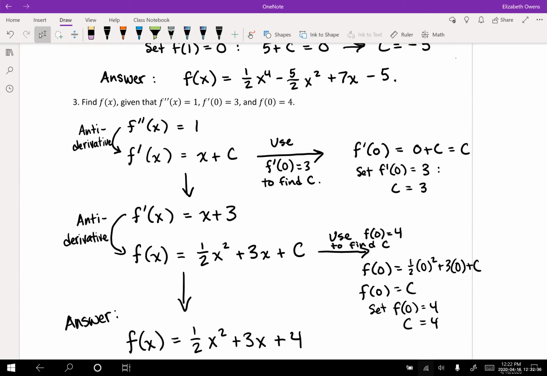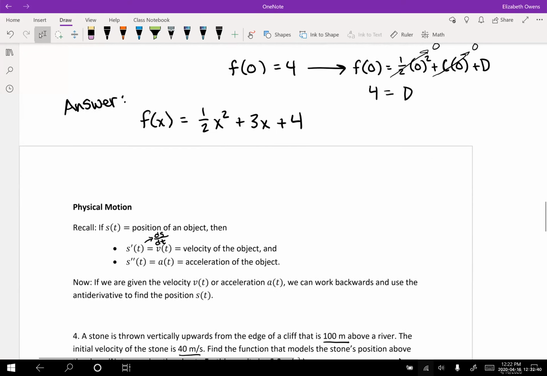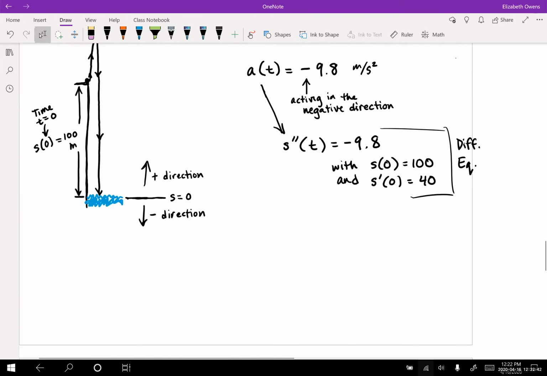Okay. Looks like Felipe's got our first antiderivative ready for us. So cool. We're going to take that s double prime of t and go back to find our first derivative. So use the antiderivative here to get s prime of t.